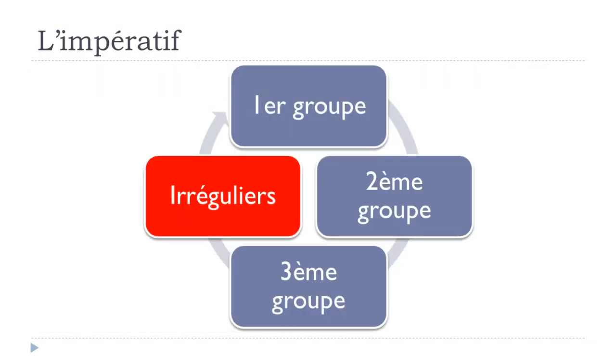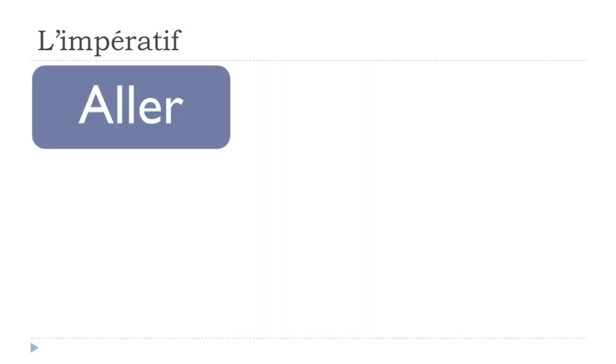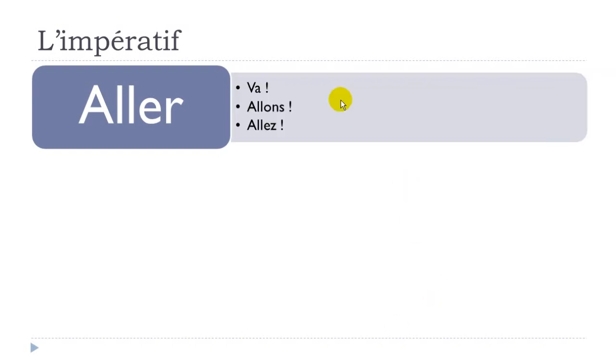Of course, as usual in French, we've got some irregular verbs. So the first one will be aller. So the only thing that will change with aller is, well, what we saw in the first group, the final S will go away. So you get va, allons, allez.